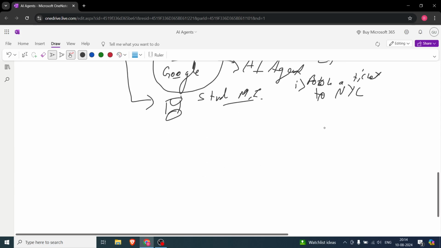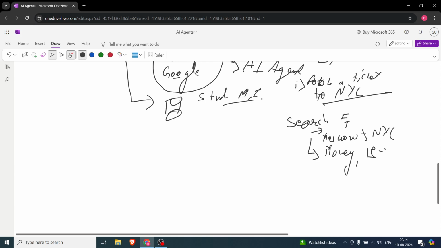Now for doing this particular thing, it needs to know, it needs a search engine, to see whether there are flights from, let's say, Moscow to NYC. It needs to have the data of what flights are there, and what time it will take. It will also tell you that you need to have this much amount of money, you might need food because it's going to be 15 to 20 hours of flight.